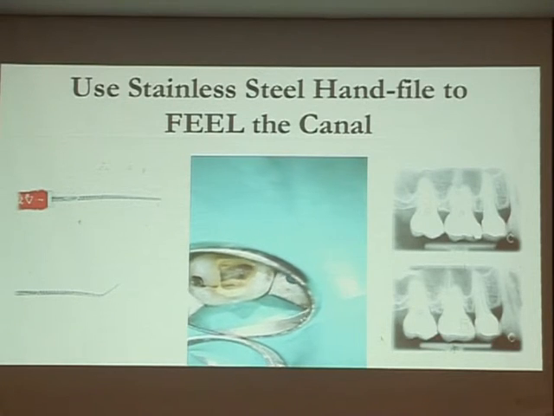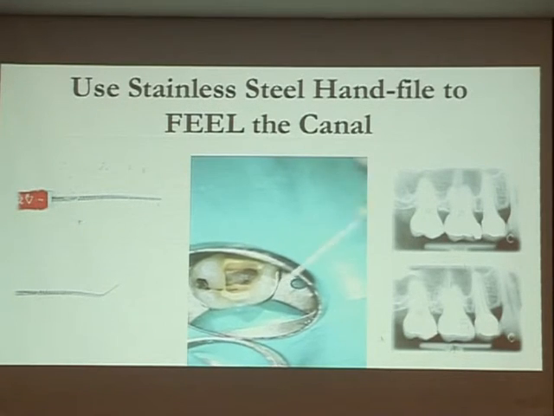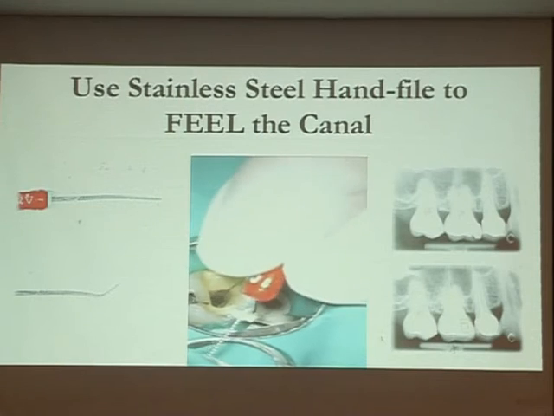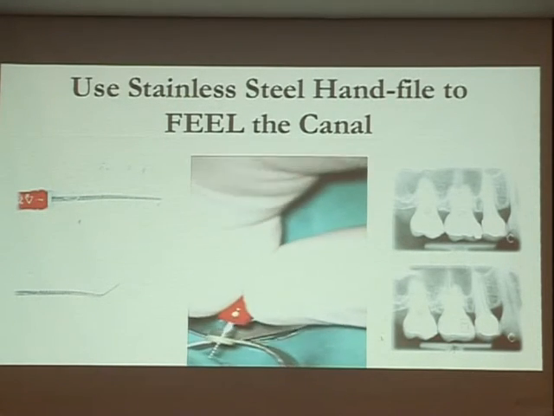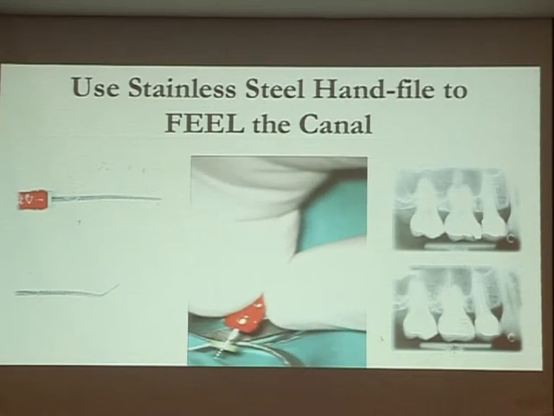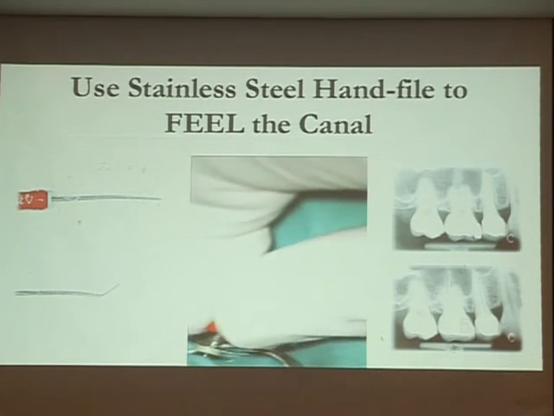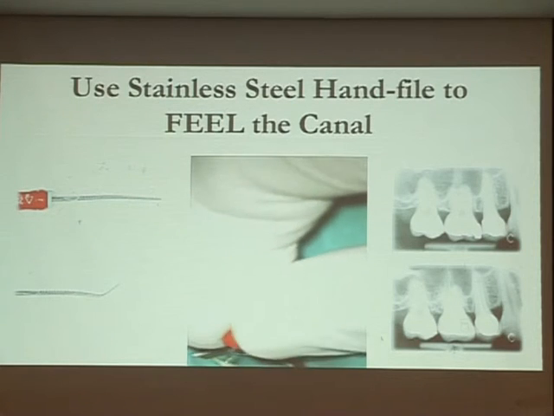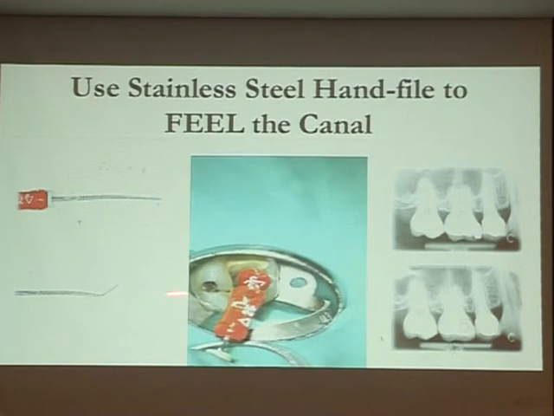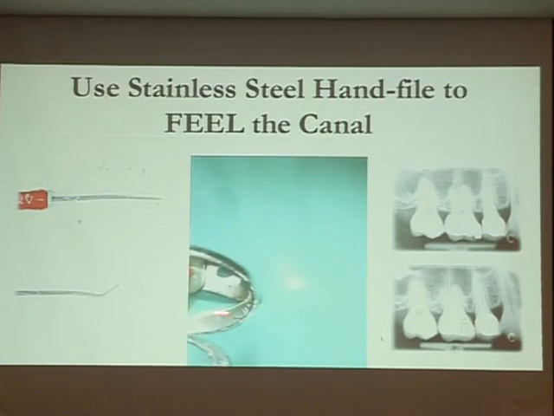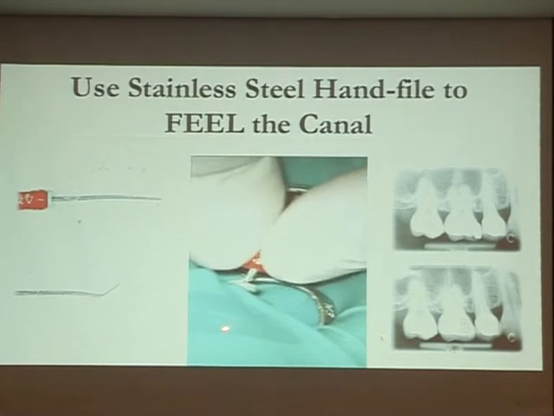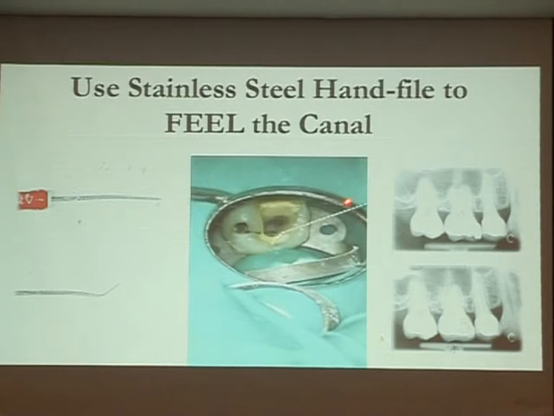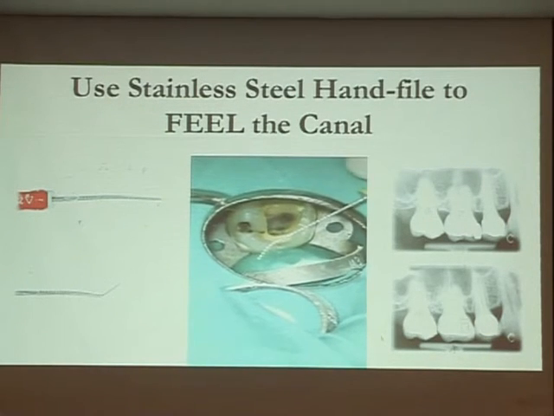Okay, this is an interesting case. I always use a straight file going into the canals. Can I have a laser pointer? Okay, I put a straight file inside and I pull it out, and the file becomes bent. So if the straight file goes in to the working length and I take it out, what does it mean?